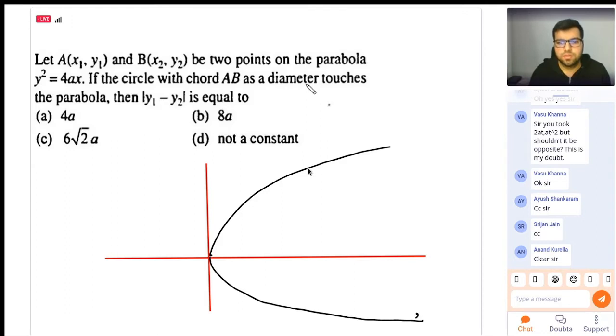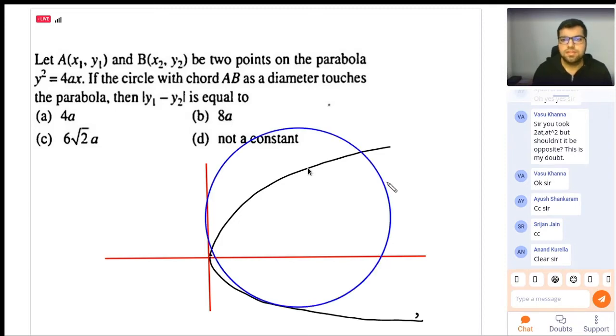So let this be the chord, something like this. Wait. Let me draw the circle first. Yes, this is better.